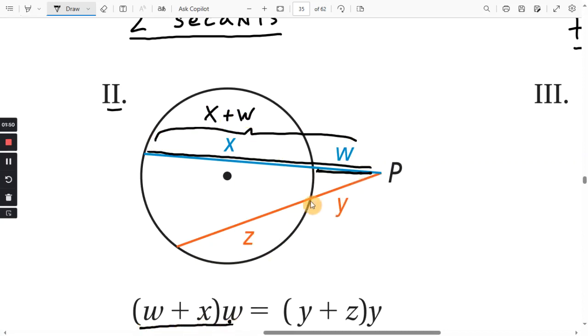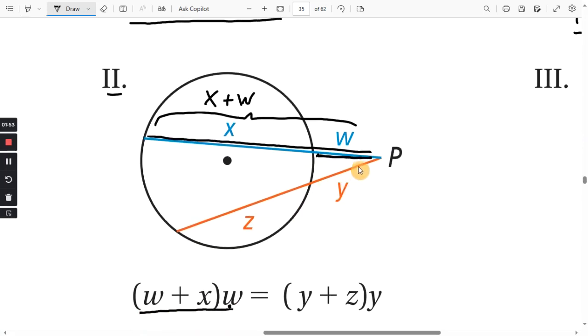And then on the other secant, it's the same thing.